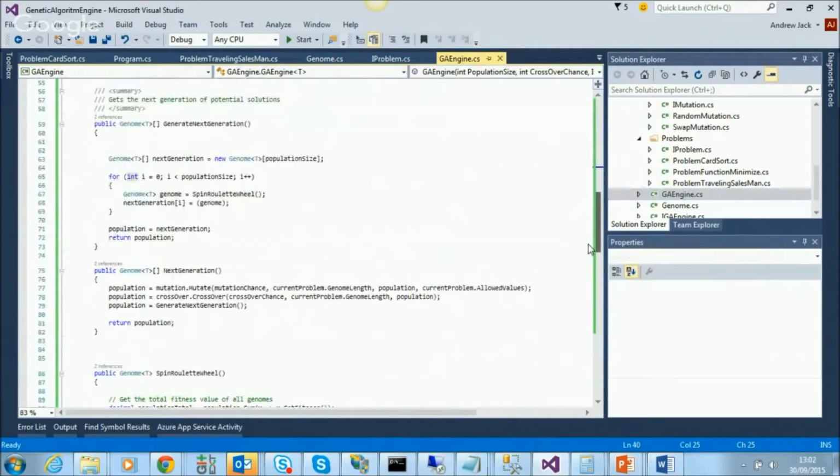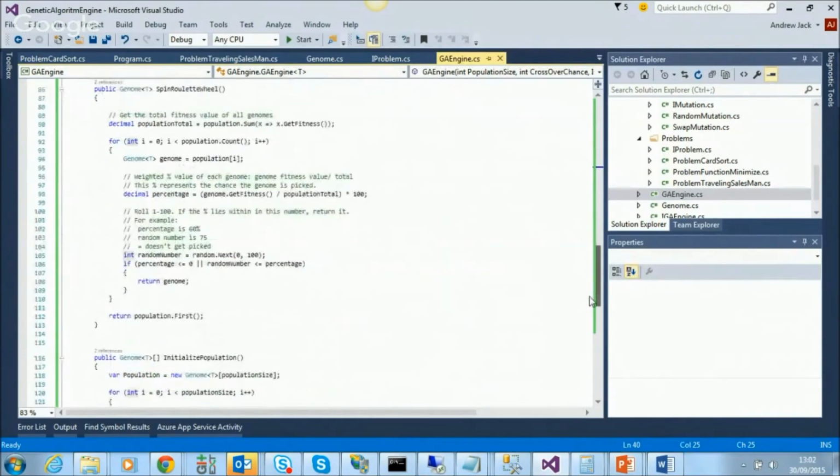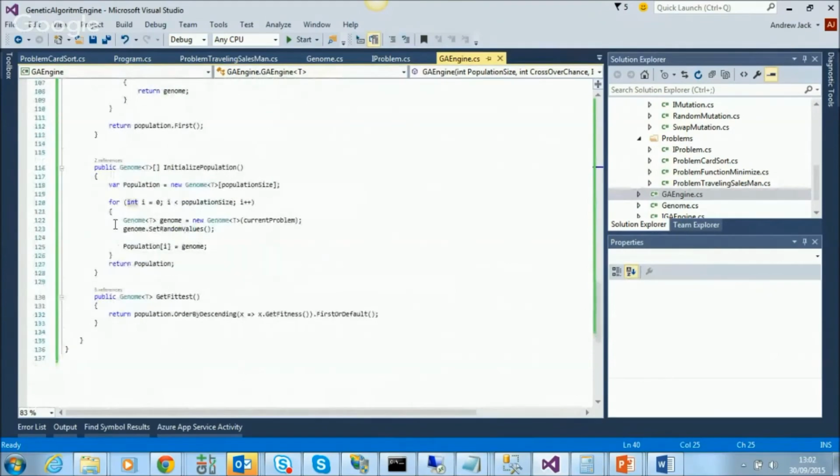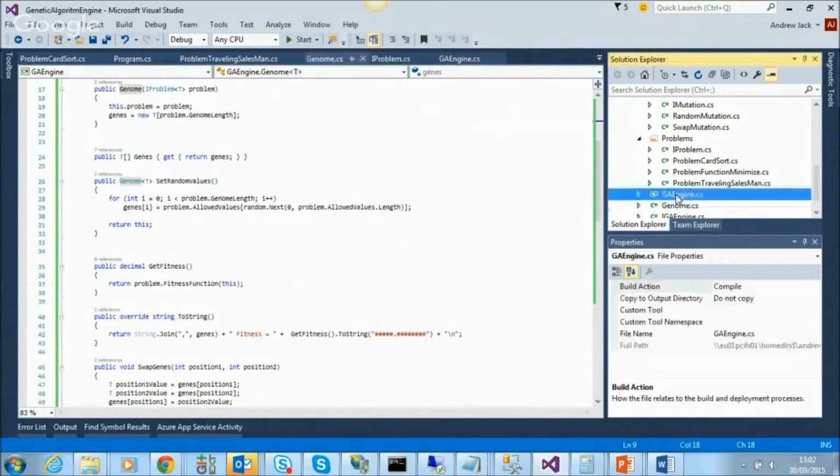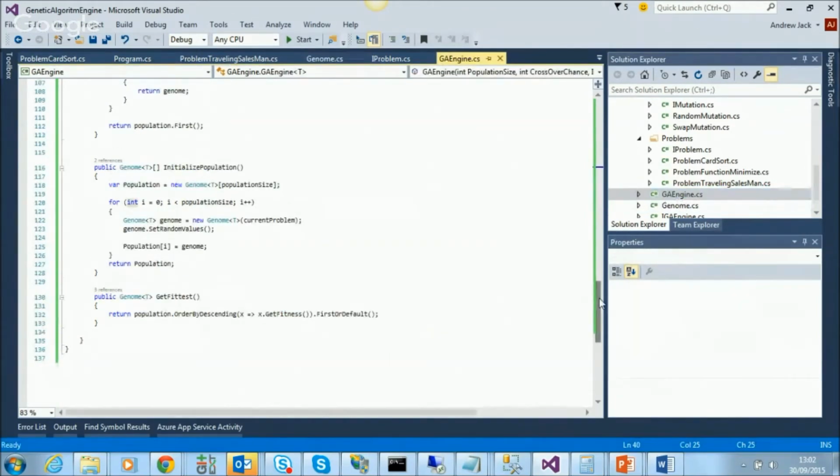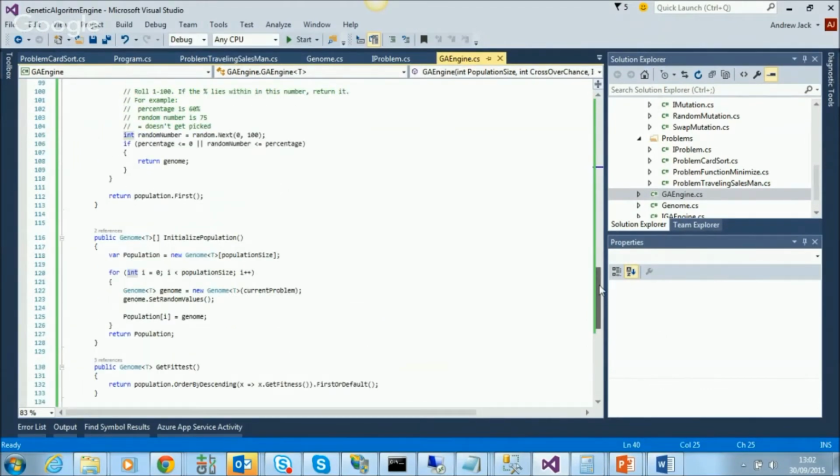The main function in our genetic algorithm engine to generate the initial population is here. That's just going to go around each member of the population and set random values from the function that we just looked at in our chromosome. And that's just going to set random values given the allowable values in our dictionary. Some problems you may obviously have other constraints, but the first problem we're going to look at doesn't.